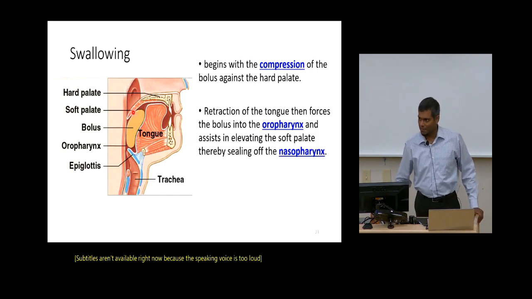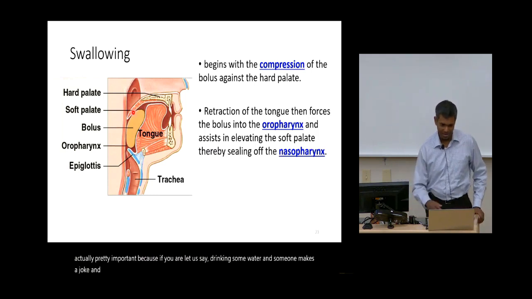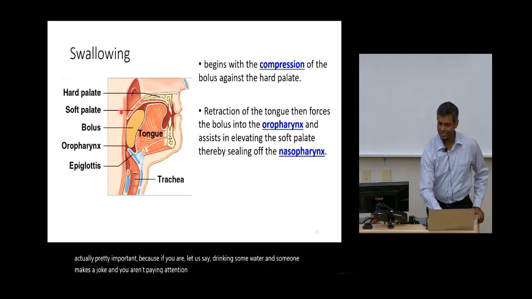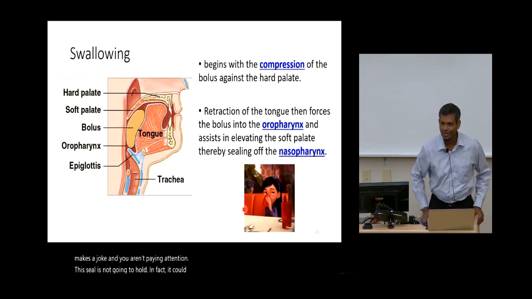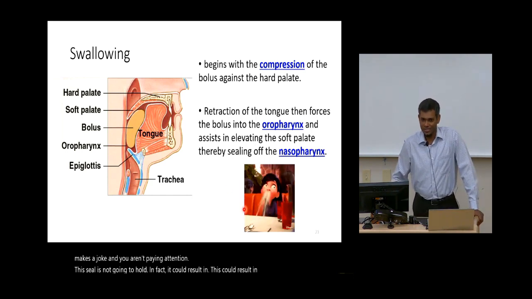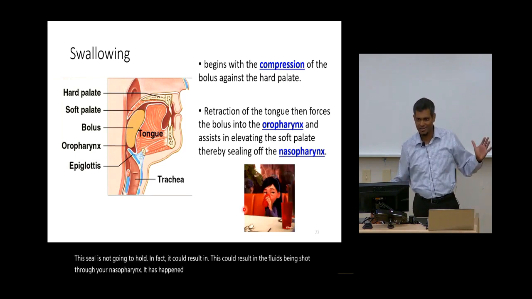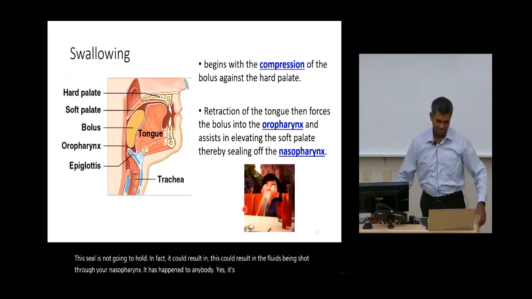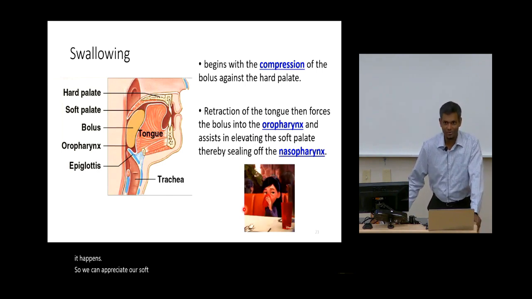And this is actually pretty important, because if you are, let's say, drinking some water and someone makes a joke and you aren't paying attention, this seal is not going to hold, and in fact it could result in this. It could result in the fluids being shot through your nasopharynx, right? Has this happened to anybody? Yes? It's pretty uncomfortable, right, when it happens. So we can appreciate our soft palate for what it does when we swallow.